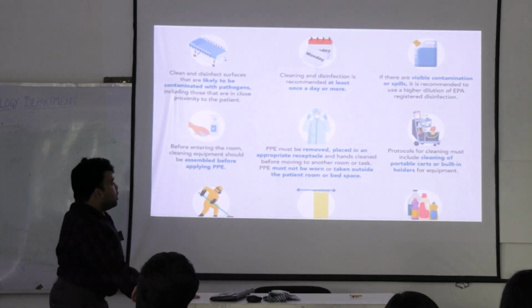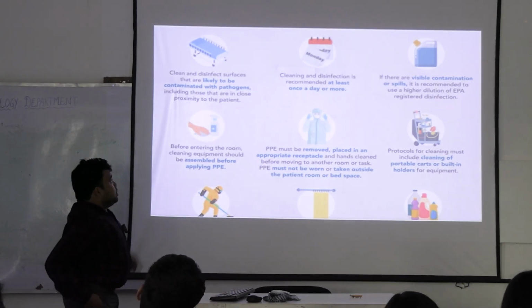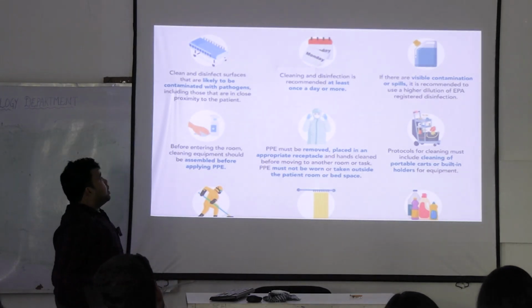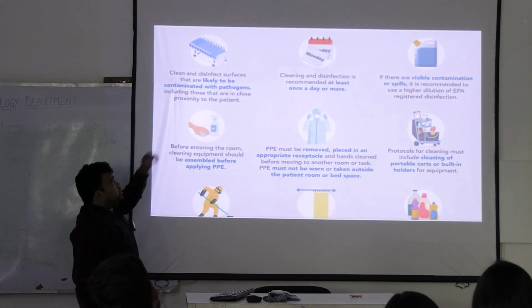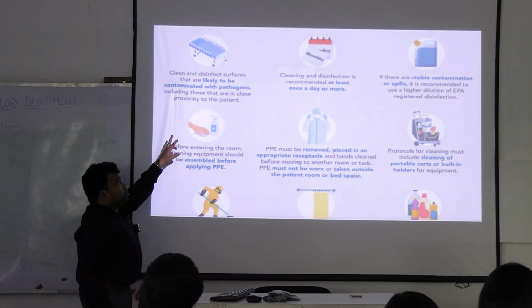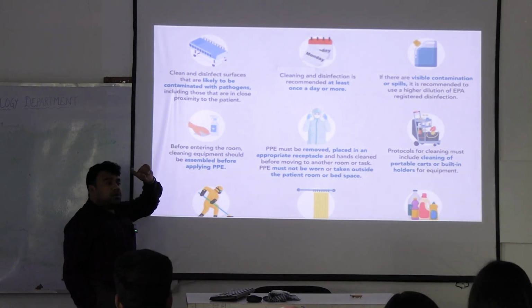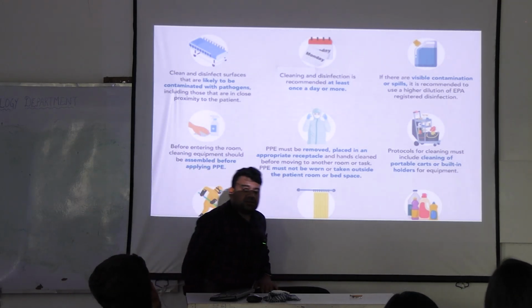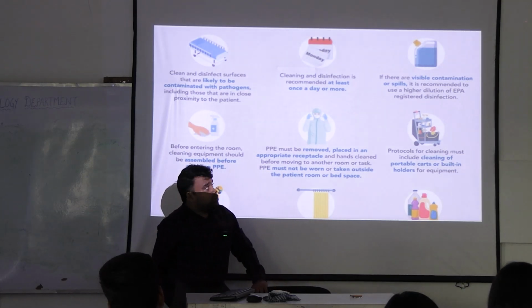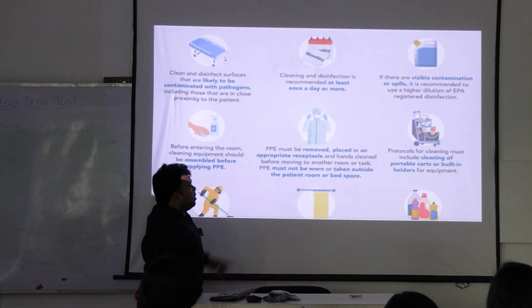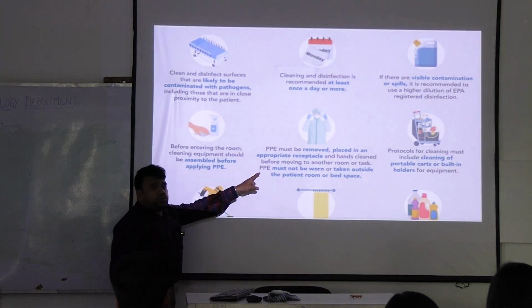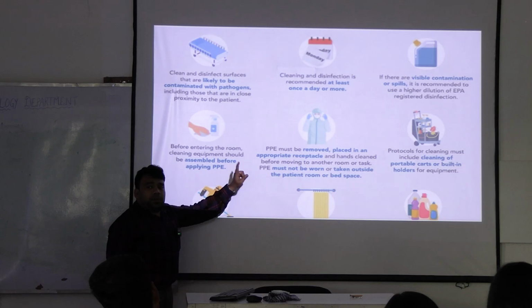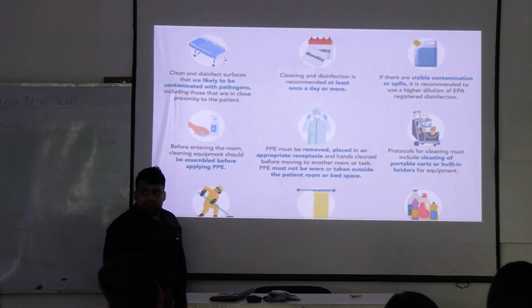Now, look at these pictures. We have to clean and disinfect all surfaces that are likely to be contaminated with pathogens of the infected patients. It should be at least once a day, twice a day is preferred, and personal protective equipment must be worn by the person who is involved in the cleaning.